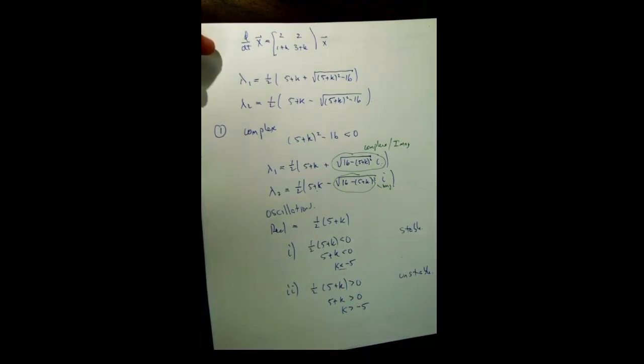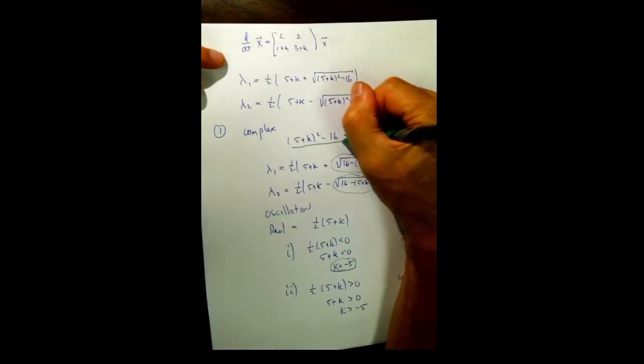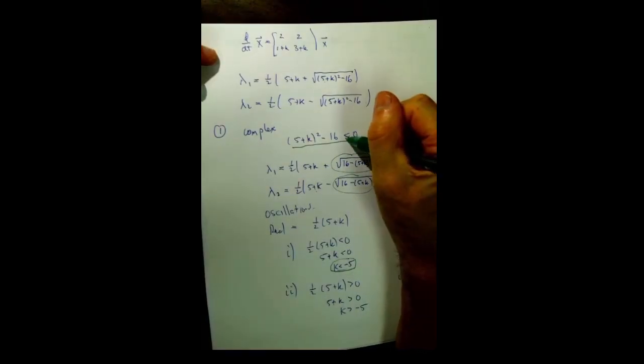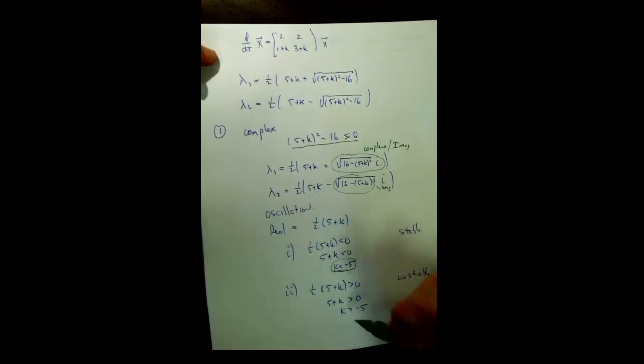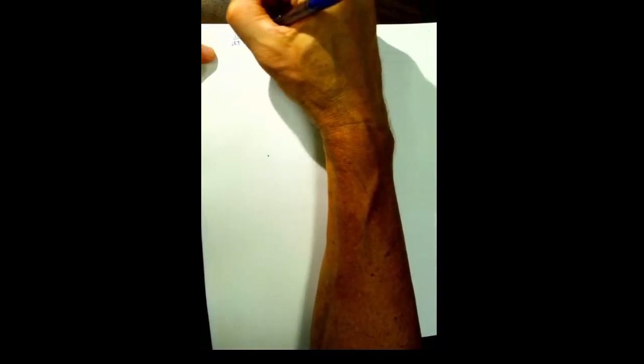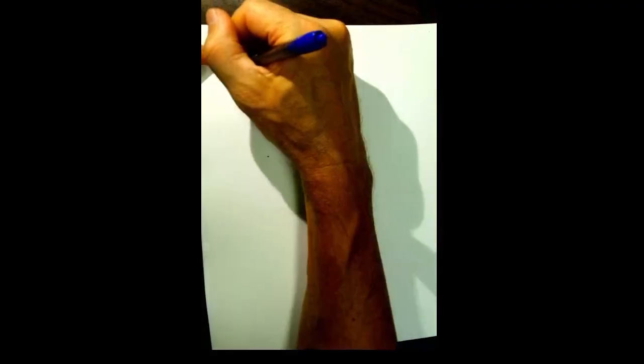Now I need to be a little careful here because I'm saying this is true and this is true. So I have to ask under what circumstances is this true and this is true, and I have to do the same thing for that. So again, what was our differential equation? The matrix 2, 1 plus k, 3 plus k, times x.